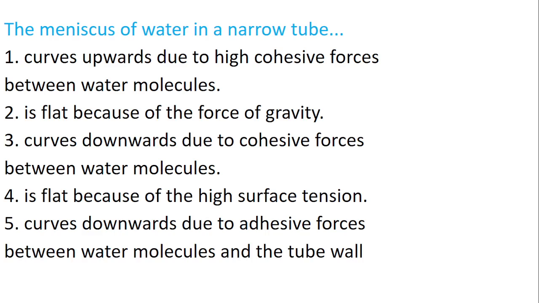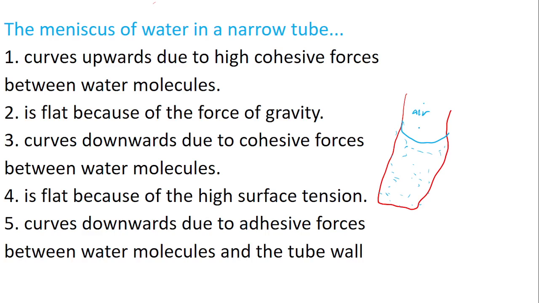The meniscus of water normally curves downwards, unlike mercury, which curves upwards. The reason this is happening is because the cohesive forces are greater than the adhesive forces. There is air, and air is interacting with the water molecules on top, and that interaction is the adhesive forces. Then water within itself is interacting with itself, and those are the cohesive forces. So the cohesive forces are stronger than the adhesive forces.